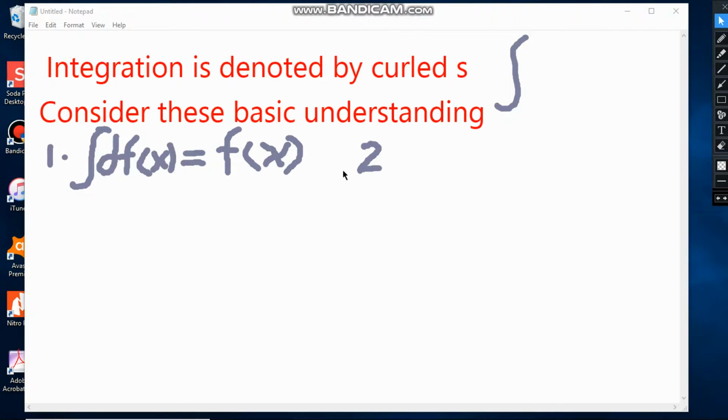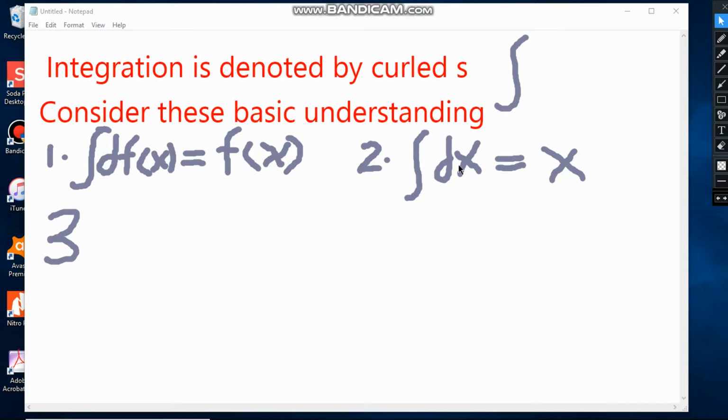And the 2, the integral of the derivative of x, we get x. It means integral is a reverse of differentiation. So this integral and the derivative cancel each other and leave only x.